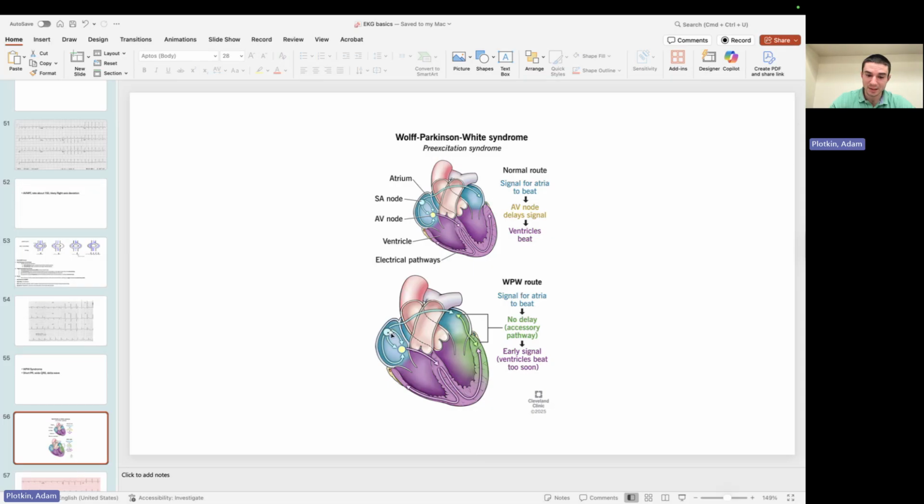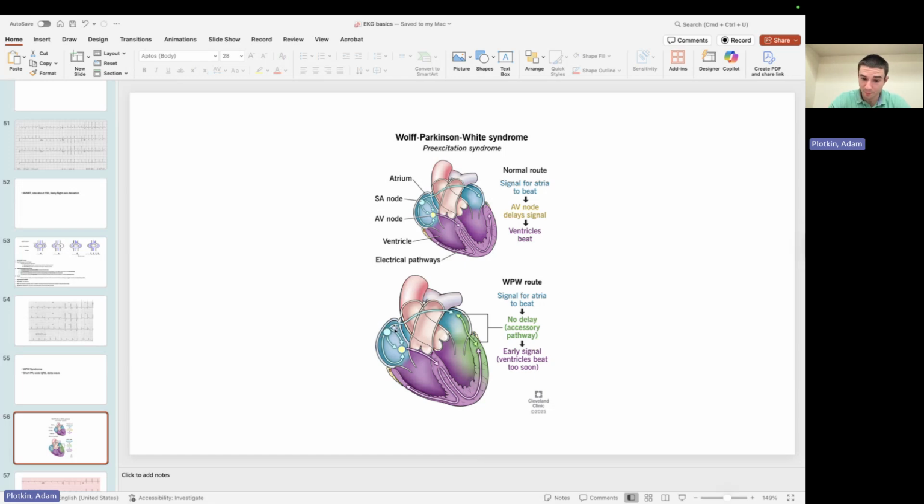So in this case, here's the SA node. It goes to the AV node, and we can go down the bundle of His towards a normal pathway. But the SA node can also send signals down through this bundle of Kent that can then reactivate the ventricles, right? So there's no delay. Only the AV node holds electrical conduction for a hot second, okay? This abnormal accessory pathway can just let as many electrical foci through as possible.